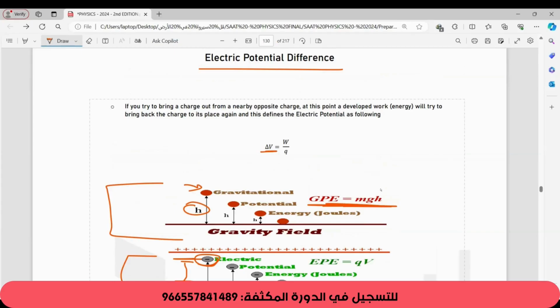This can also be calculated by the work over Q, the work applied onto the charge. So this is delta V, the terminology of it.